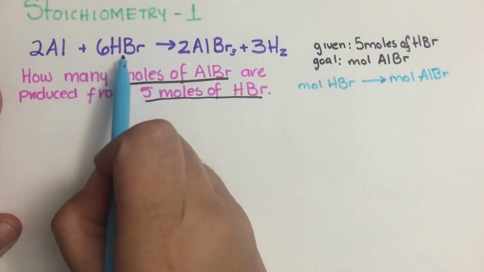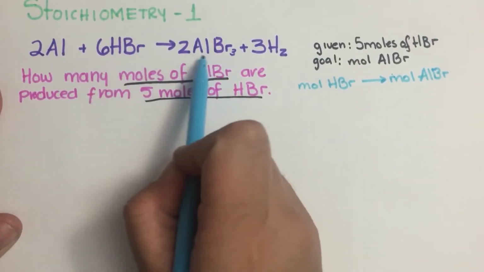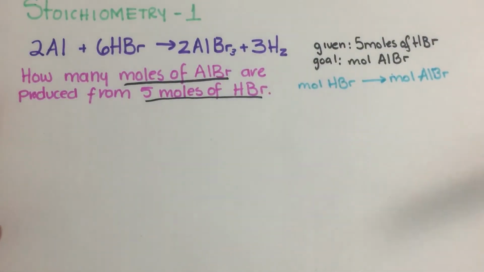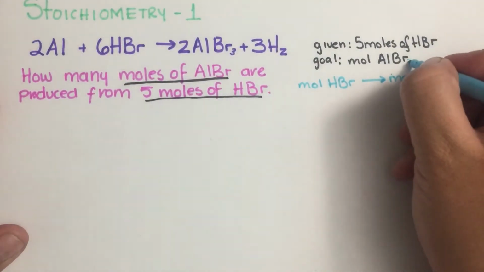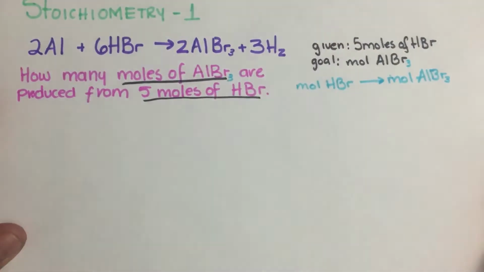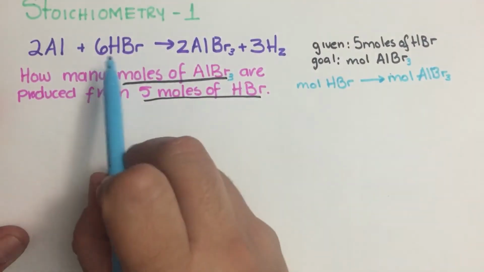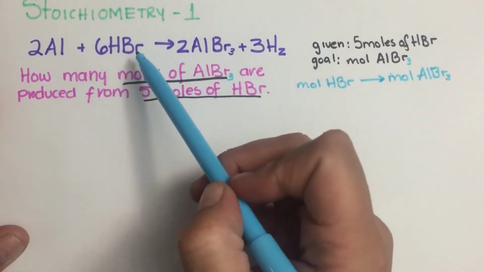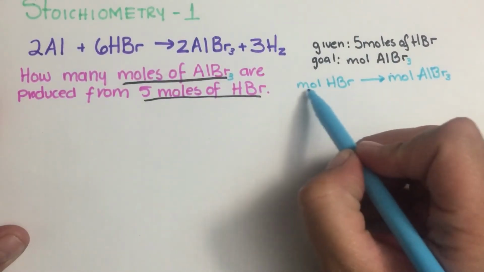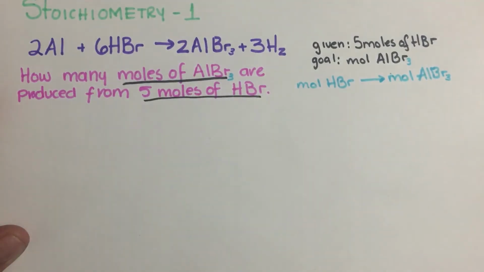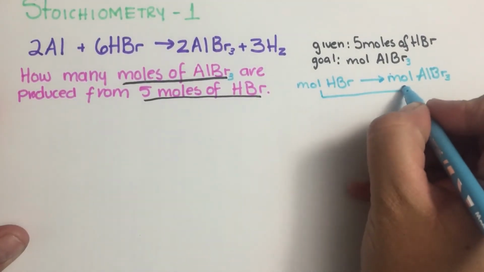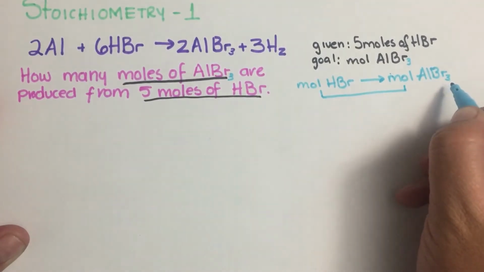I'm missing here a 3. In order to be able to use your chemical equation, you must have moles as your units. So how are you going to proceed from moles of hydrogen bromide to moles of aluminum bromide?